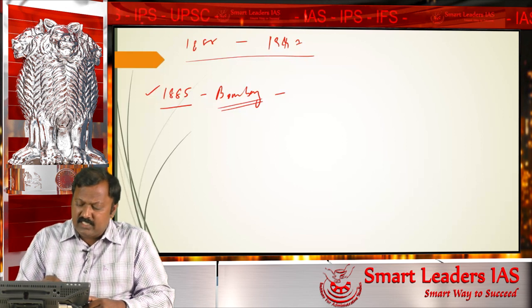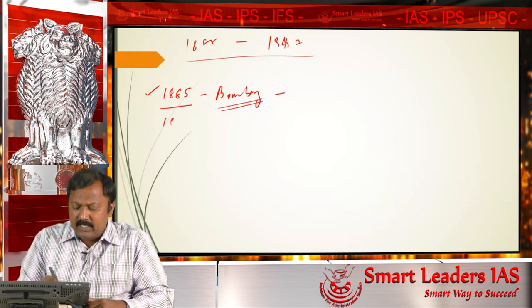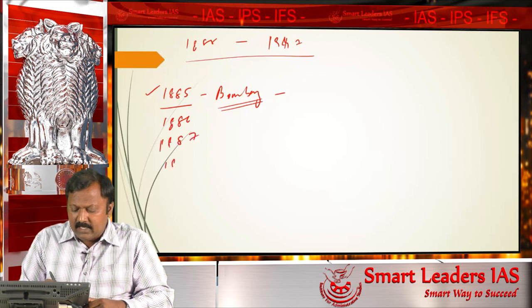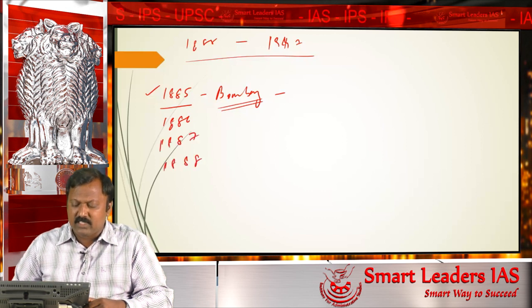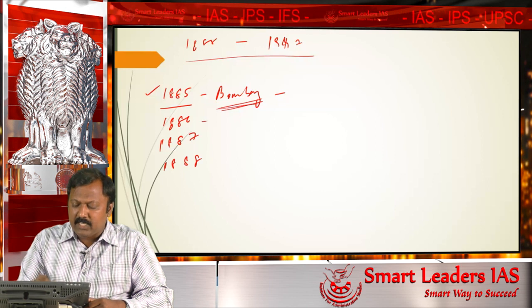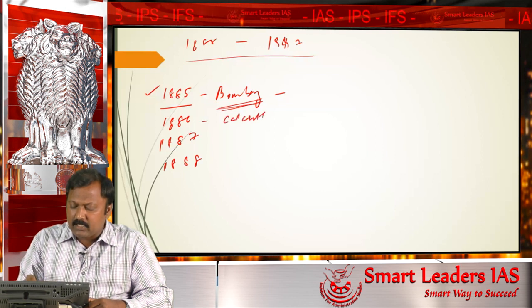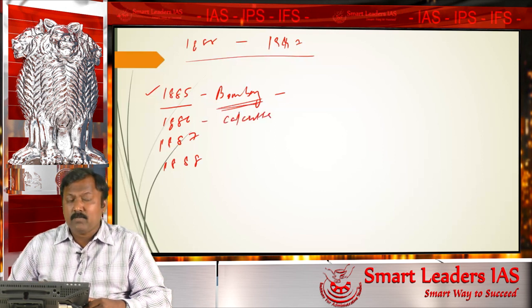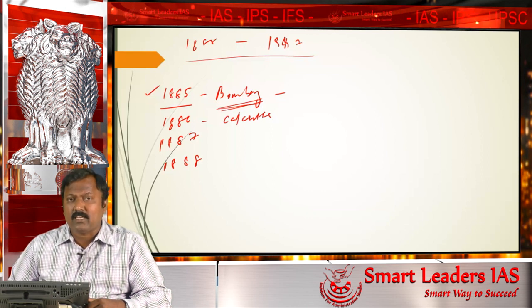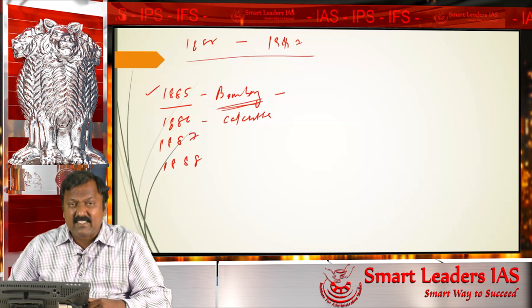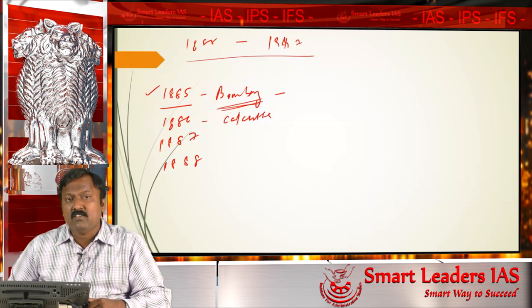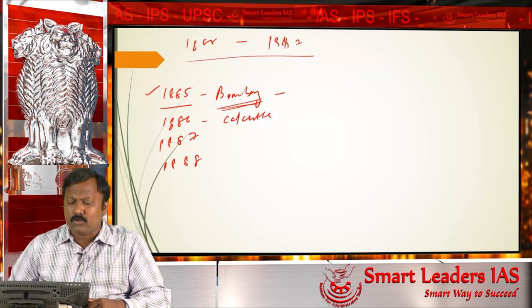The first session was held in 1885 in Bombay. We will try to remember these sessions. The second was held in Calcutta. You should know that Calcutta by this time was the capital of India, and the first session was supposed to be held in Calcutta. Because of certain reasons, it was switched over to Bombay.